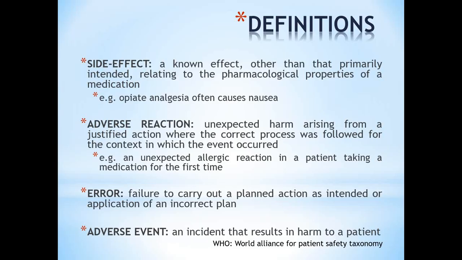So, an unexpected allergic reaction in a patient taking a medication for the first time. There is no reporting during the clinical trial. There is no reporting during the past history of the medication. There are no reports. Other patients take this medication well, and there was no reaction. But in the specific patient to whom the medicine is given, there may be some allergic or hypersensitivity reaction.